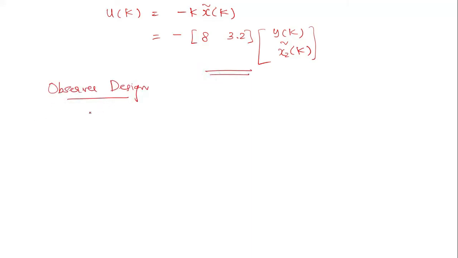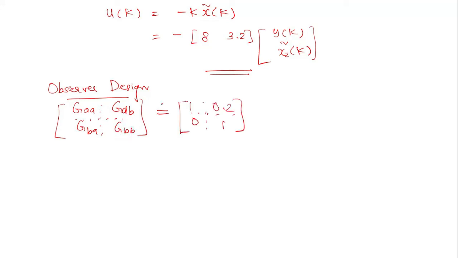Here you need to split the G matrix into GAA, GAB, GBA and GBB, since only one of the two states needs to be estimated, that is x2. So let's split the matrix. That gives GAA as 1, GAB as 0.2, GBA as 0, GBB as 1.